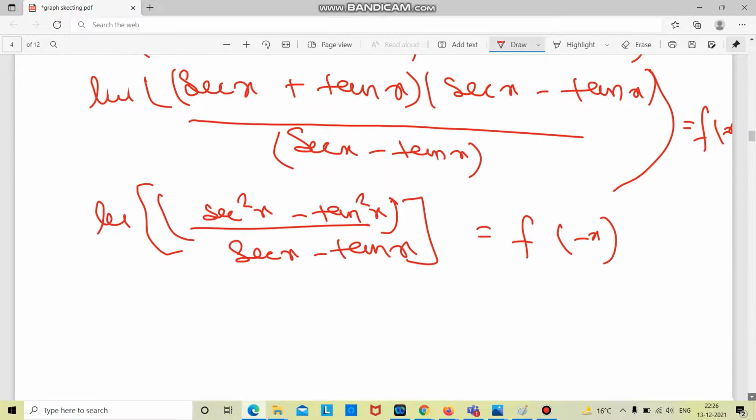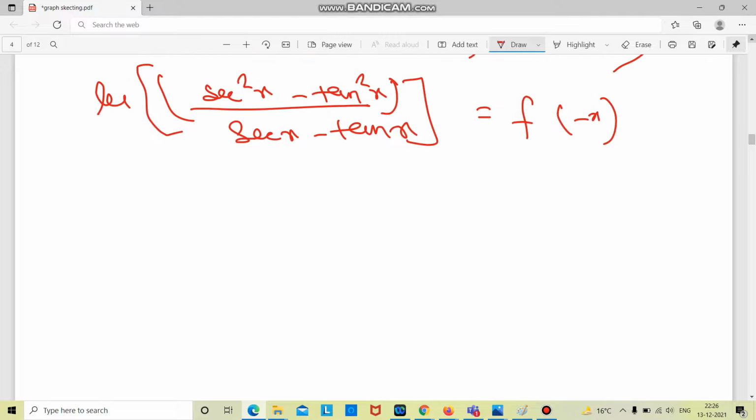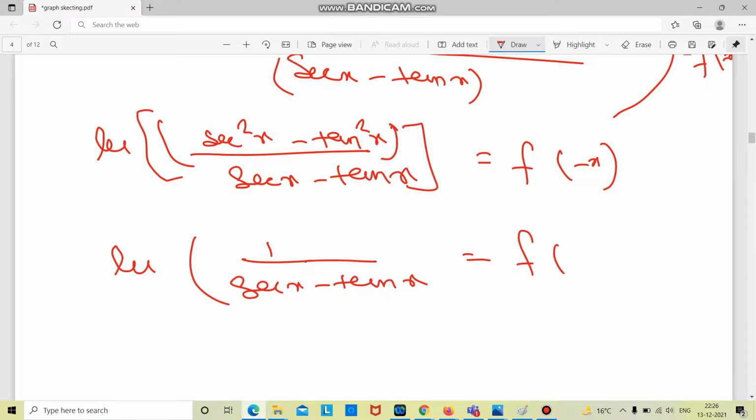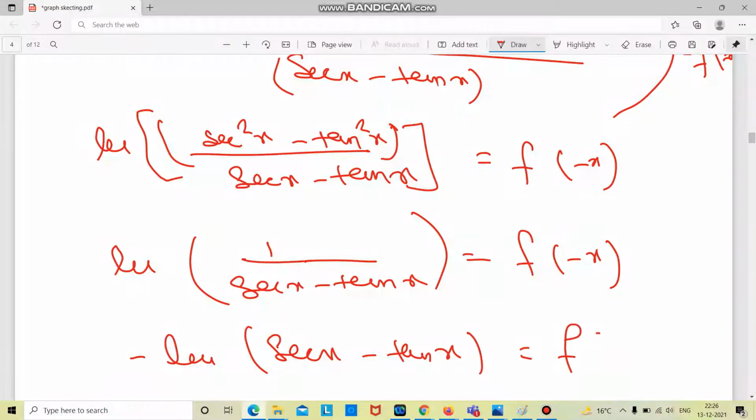Now we know the general property that sec square x minus tan square x is 1. So we will use that and our expression will become 1 by sec x minus tan x. This is f of minus x. And it will become minus ln of sec x minus tan x.